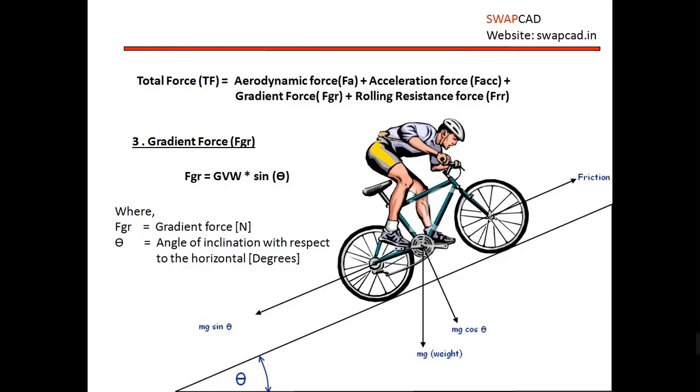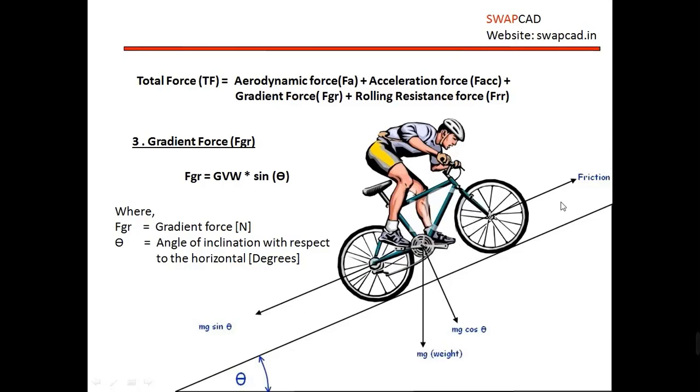So for calculating the gradient force, the formula is gross vehicle weight into sine theta. We see in the right hand side figure. If the vehicle is moving on a flat surface, it will have a theta of 0 degree. So the only force acting will be equal to mg, that's the weight of the complete system.